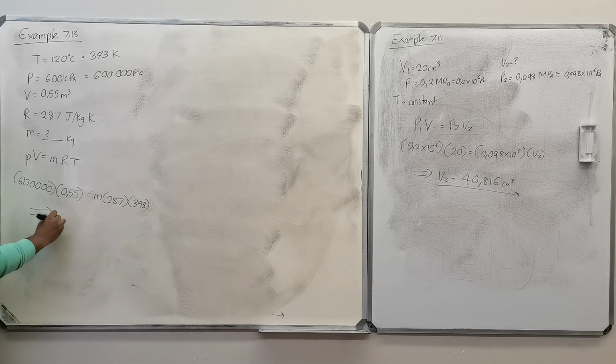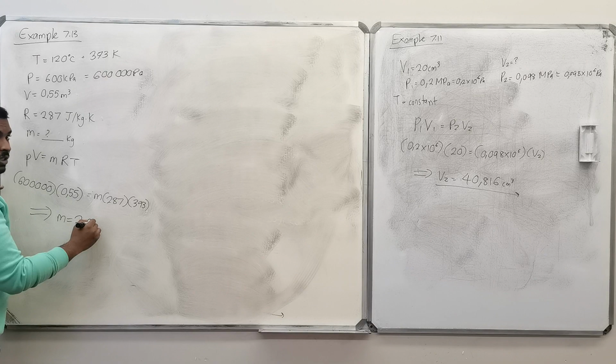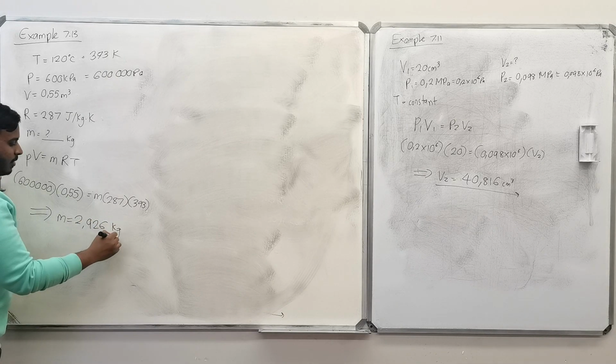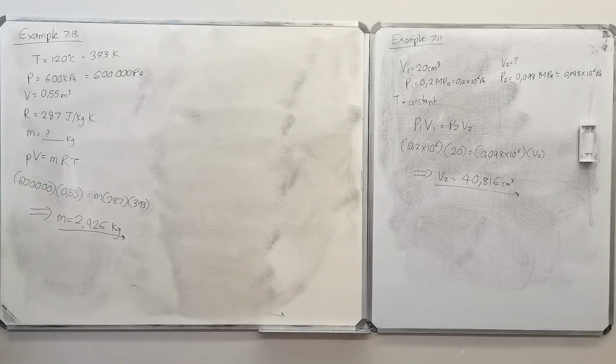So your value of the mass comes out to 2.926 kg, and that is the mass of gas that was used. Ladies and gentlemen, that brings us to the end of module 7.